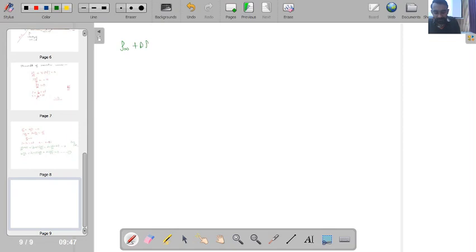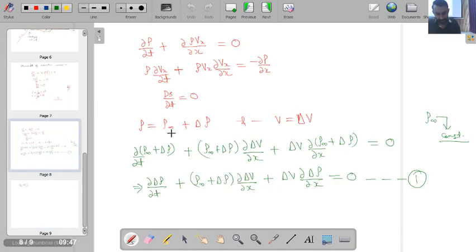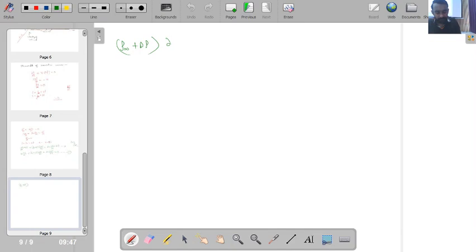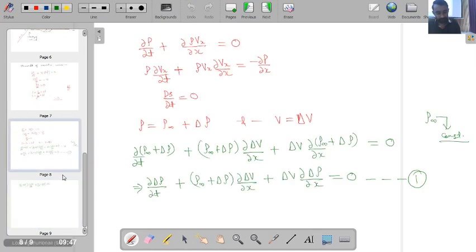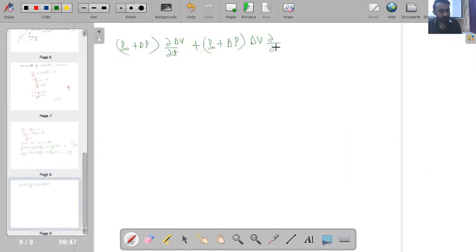Rho infinity plus delta rho into del by del t of delta V, plus rho infinity plus delta rho into delta V del by del x of delta V, equal to minus del P by del x. So this is my momentum equation.